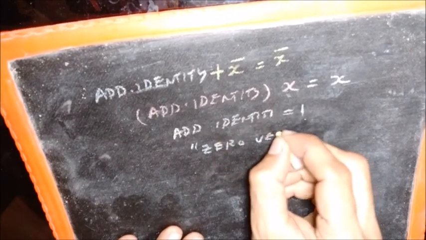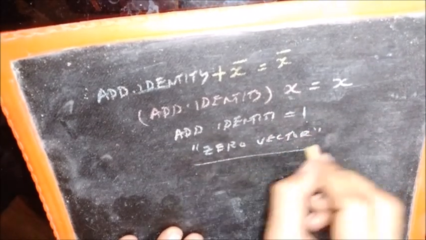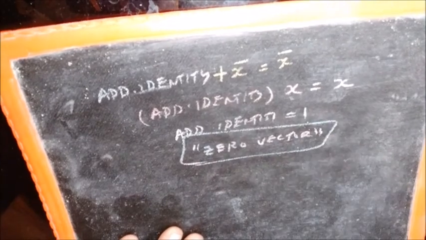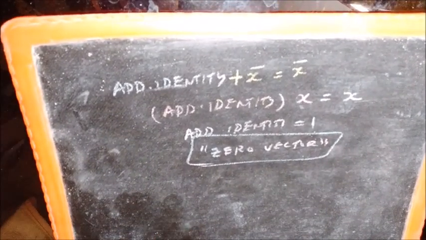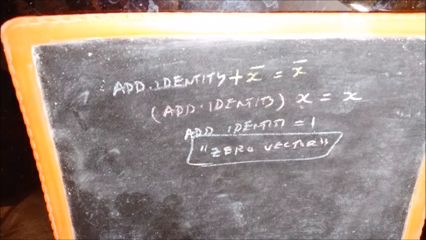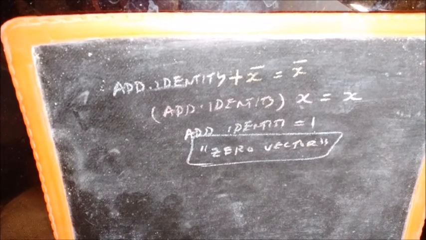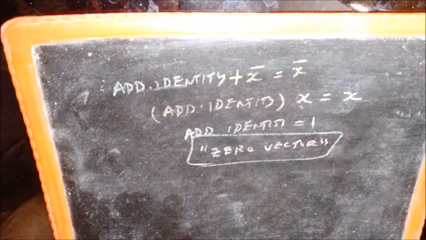Which means that we can call 1 the "zero" vector. I put it in inverted quotes because that plays the role of the 0 vector in our example. Remember, don't lose track of what we have started with. We are trying to find out whether the set of all positive real numbers is a vector space, and we have defined addition, vector x plus vector y, as x into y, and scalar multiplication, alpha into x, as x power alpha.